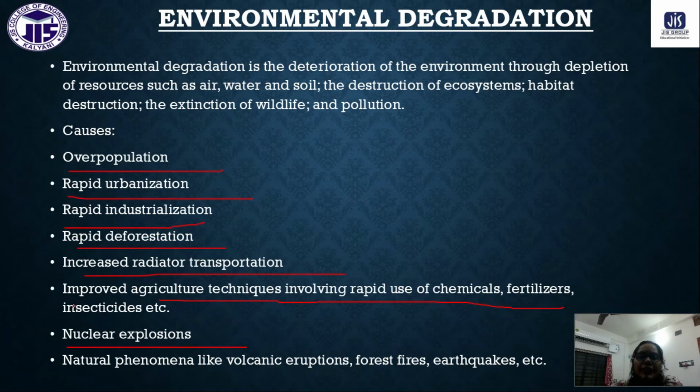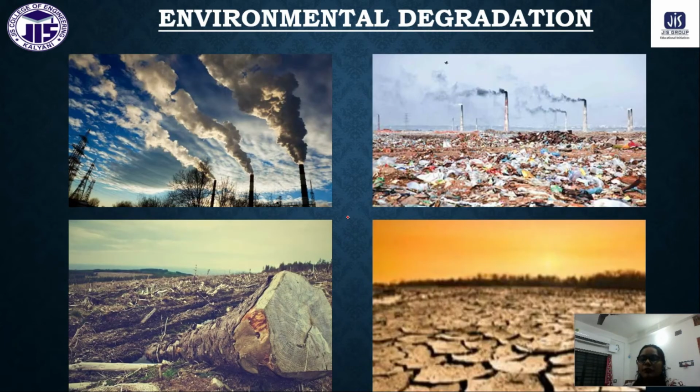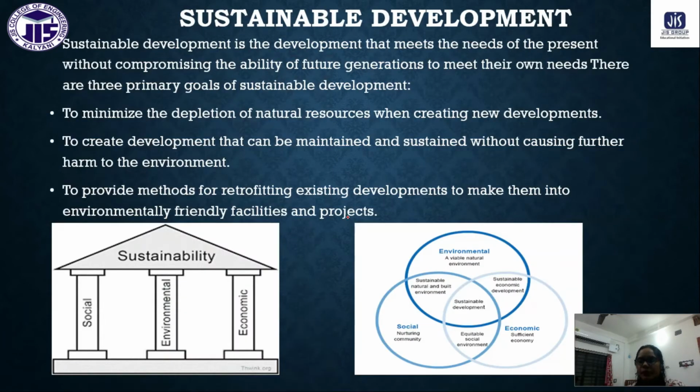Okay, so these are some of the causes for which, day by day, the environment is getting degraded and polluted. You can see some pictures I have given you of how the environment is getting polluted by our activity.